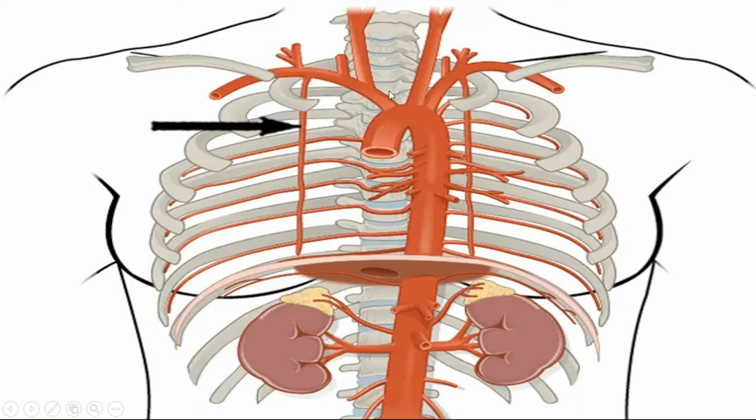Means on the right side the brachiocephalic artery is giving the subclavian and common carotid arteries, and on the left side the arch of aorta itself is giving them. So this internal thoracic artery is a branch of the first part of the subclavian artery.